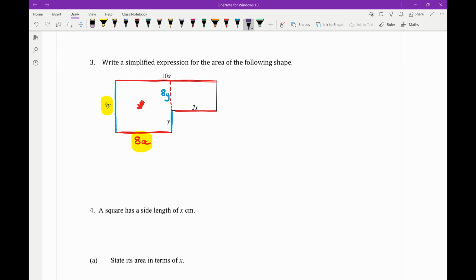So that is 9y times 8x. Plus I want to add on the little rectangle. So what were the dimensions of the little rectangle? They were the 8y for the height and the 2x for the length. So we times those together, 8y times 2x.